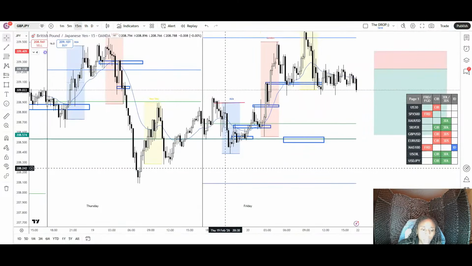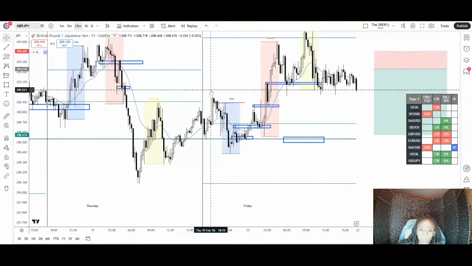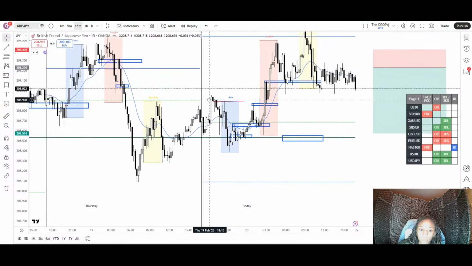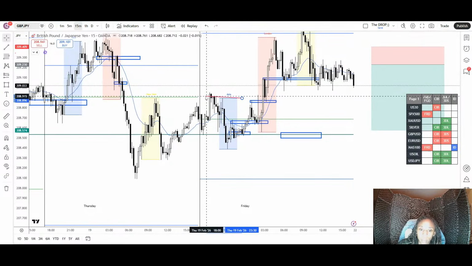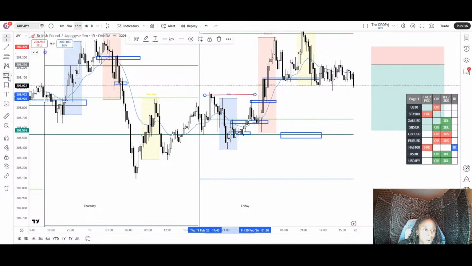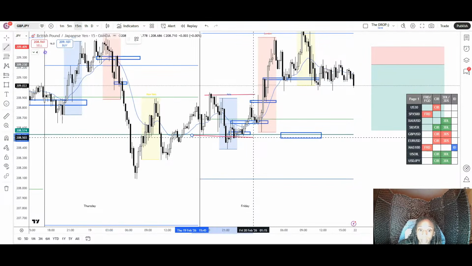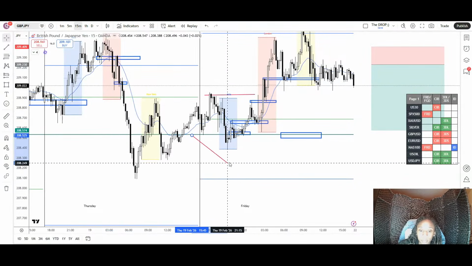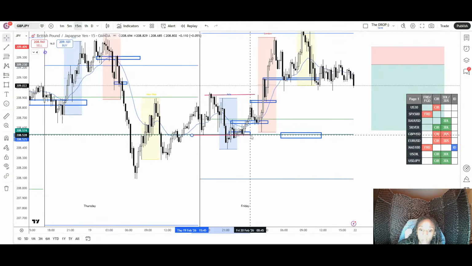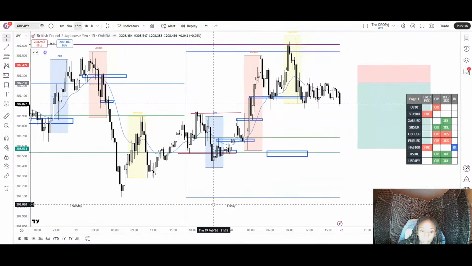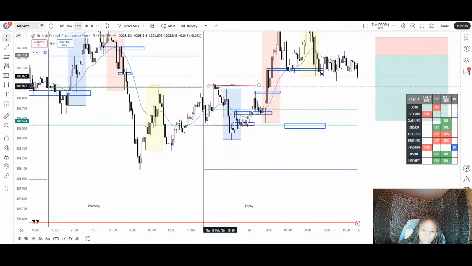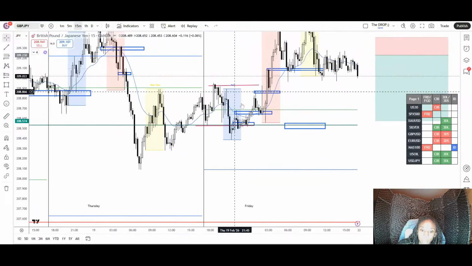Here, a little bit harder, right? Because you're not working with much, but just marking, okay, this is my high and this is my low. Are we working the high or the low? We currently are working the high, technically, before Asian session, but it's harder to manage that because you don't have many levels to work with.